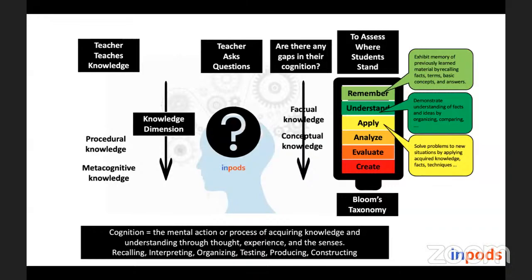When you design your instructions, you should design them in such a way that they understand the concept, and they are at the level of apply or analysis or remember, whatever. So that's the way this desired level of cognition is a very important concept in the overall outcomes based education.